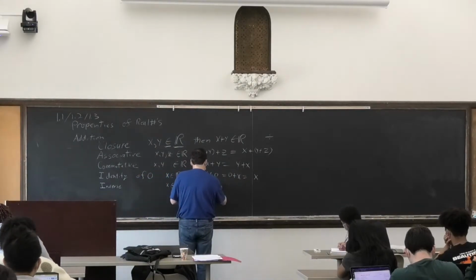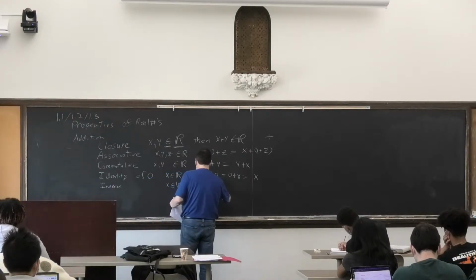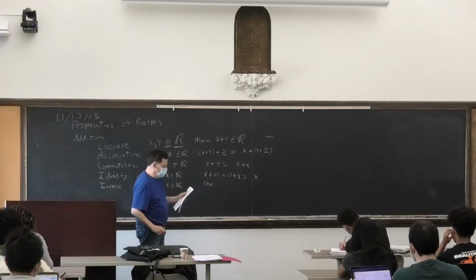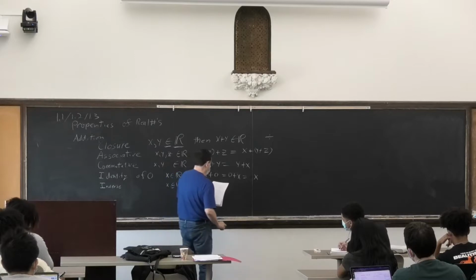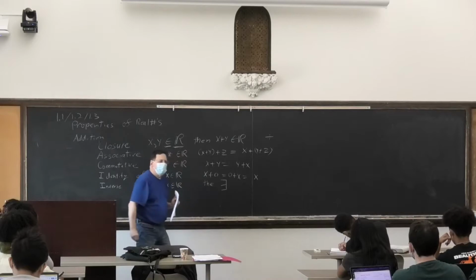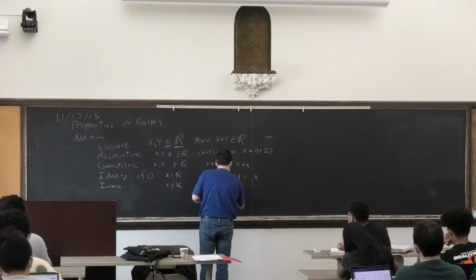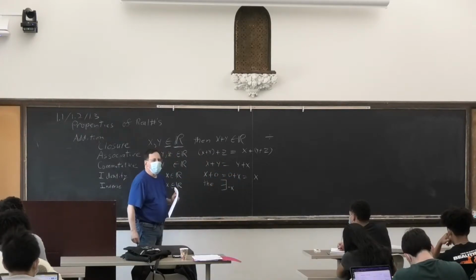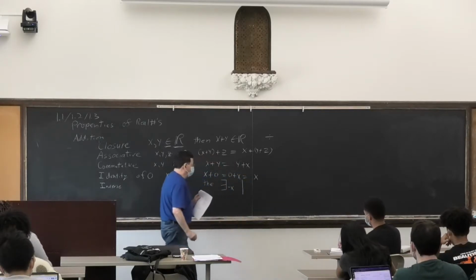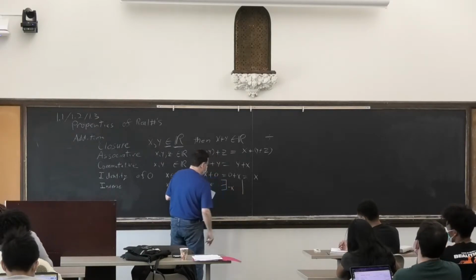And then I'm going to introduce yet another symbol here, a backwards E. And there exists minus x, that's the inverse, such that, this is kind of like French class, you have to learn these different language things.